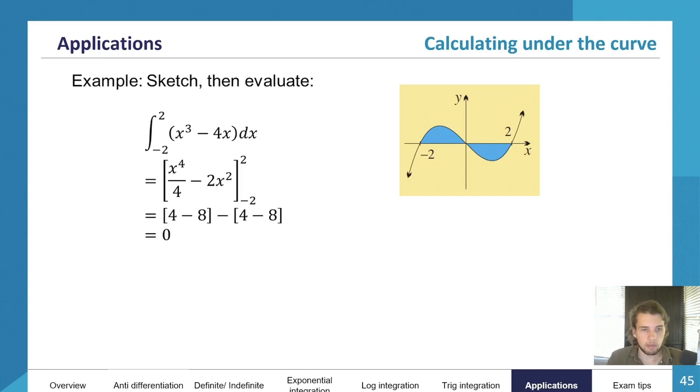So here's an example of them actually solving an area. This is the equation of the curve. If this was graphed, you would see x to the power of 3 minus 4x, and that's our line.